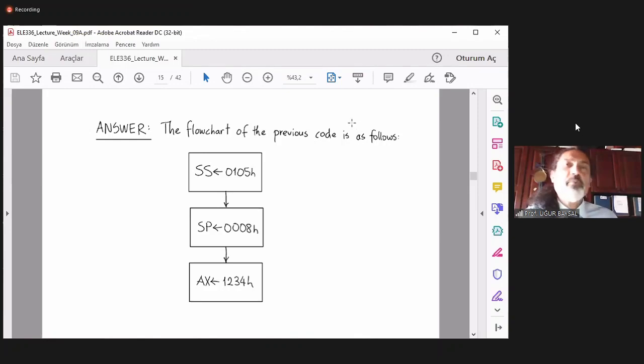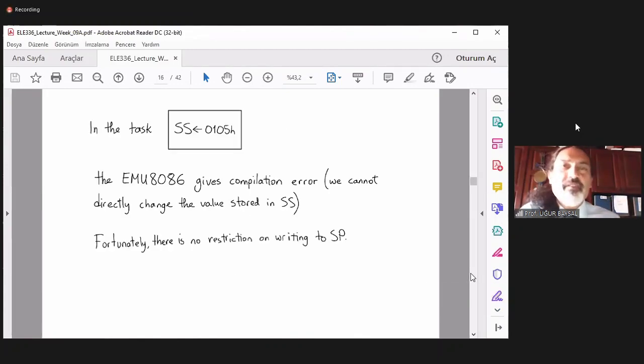Good, because I will select problems that are finished, solved and uploaded by the majority of the section, okay? So flowchart drawing definitely will be an issue, which will be required in the midterm as well as in the final examination.